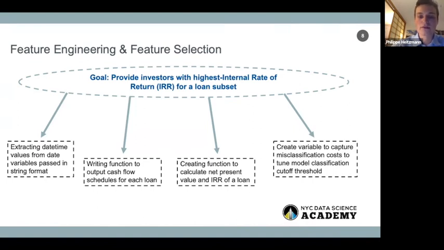That was a necessary step in order to calculate the net present value of each of our loans based on that cash flow schedule, and then create an IRR value for that loan, which we would then be able to use when trying to capture misclassification costs and tune some of our model cutoff thresholds in our machine learning phase, which I'll talk about a little more later on.